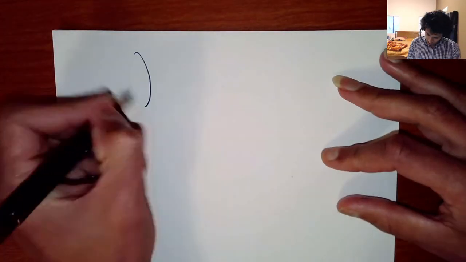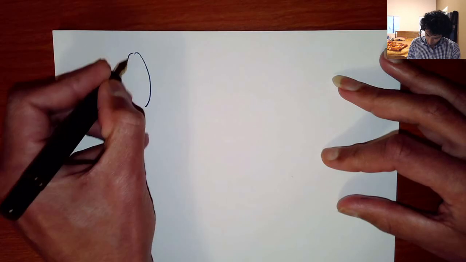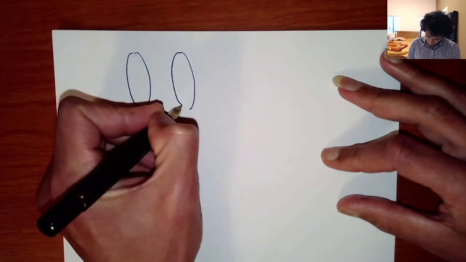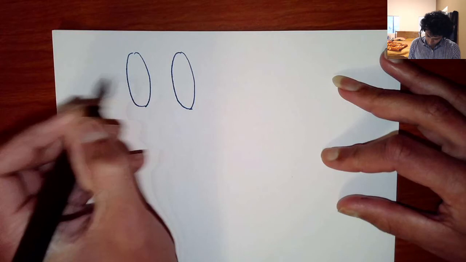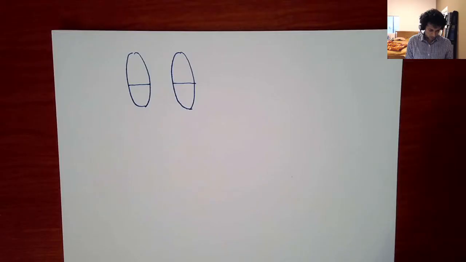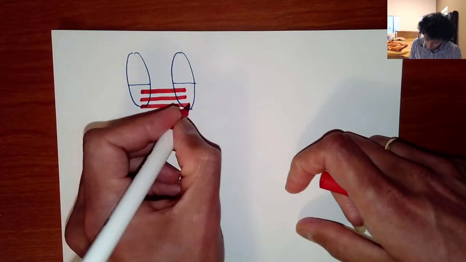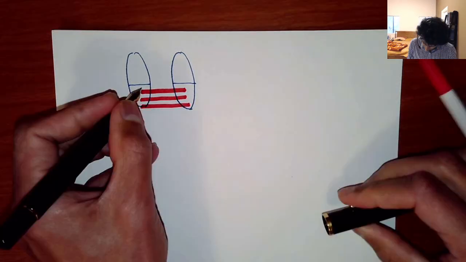Here is our bipartite graph. I'm going to draw the matching in red. There are these matching edges, and these are directed backwards.